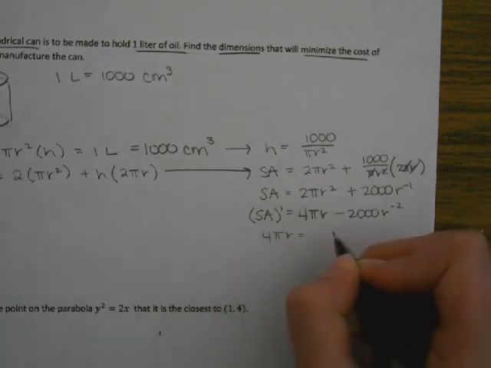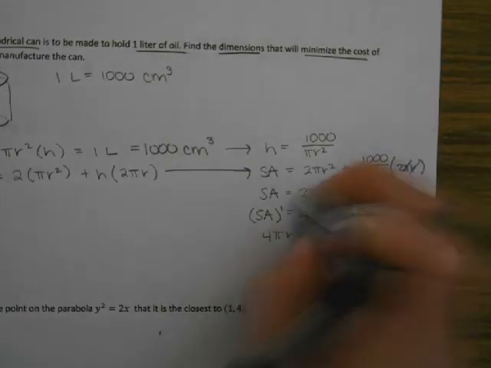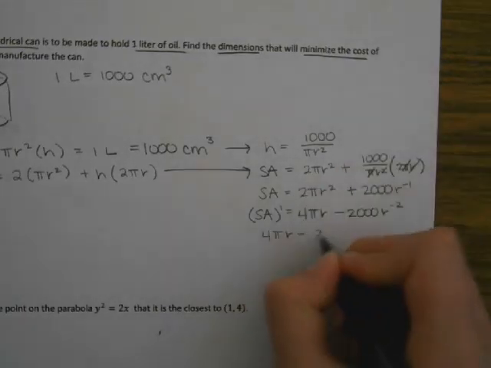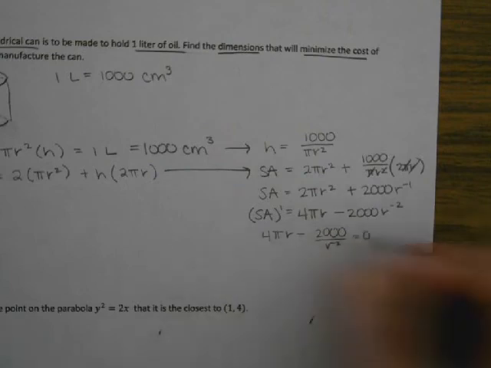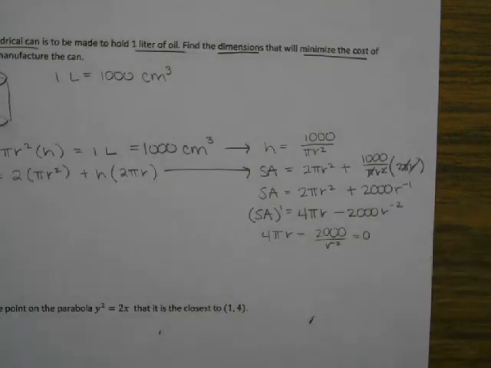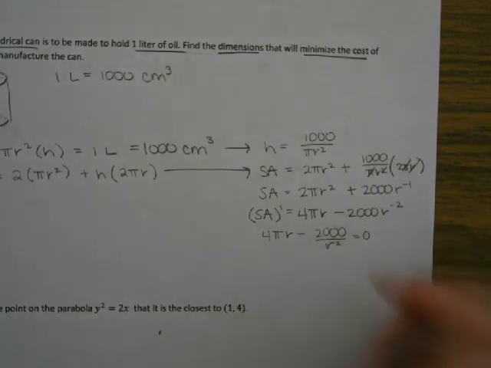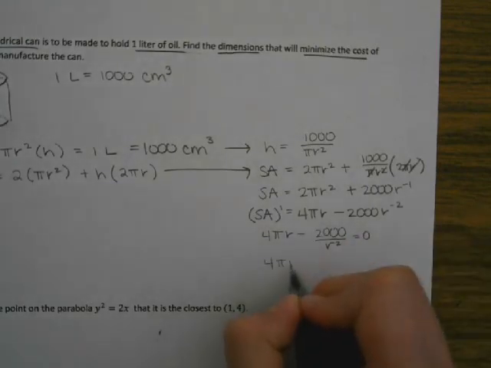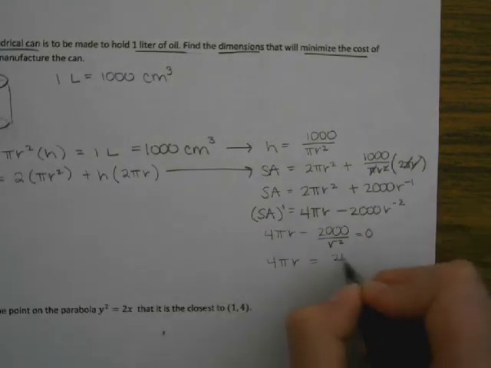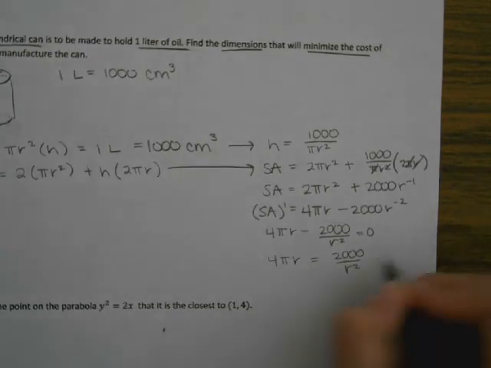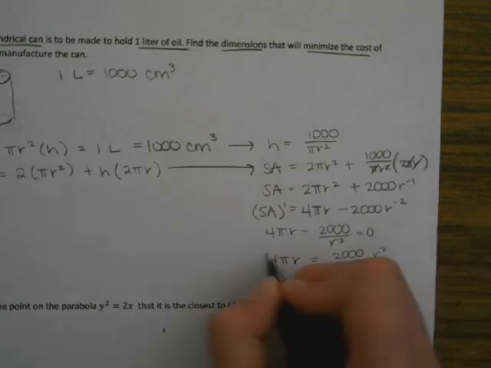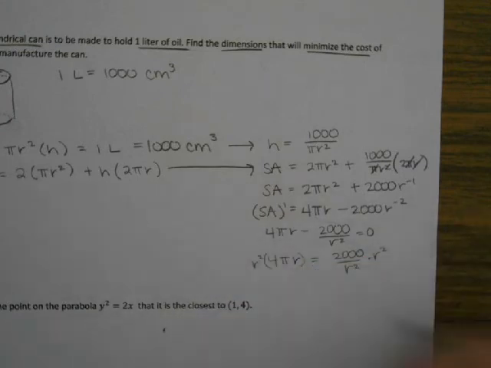those critical points. So I'm going to say 4 pi r minus 2,000. I'm going to go ahead and put this back in fraction form because I'm not finding the derivative anymore. It's a little bit easier for me to solve it in fraction form. So 4 pi r equals positive 2,000 over r squared, and I want to get my r's to one side, so I'm going to multiply each side by r squared.